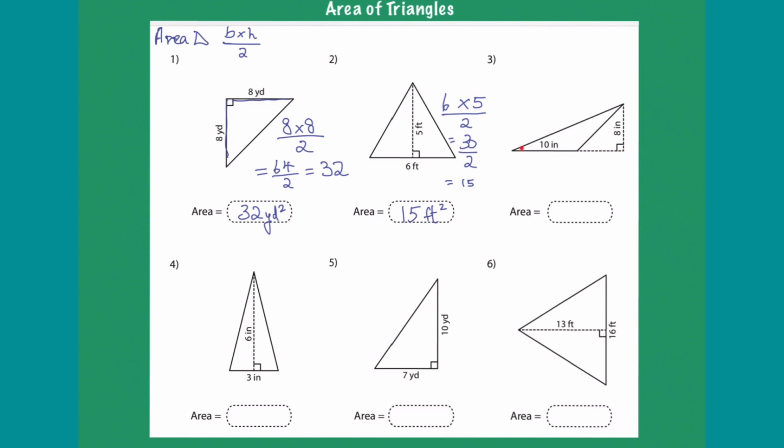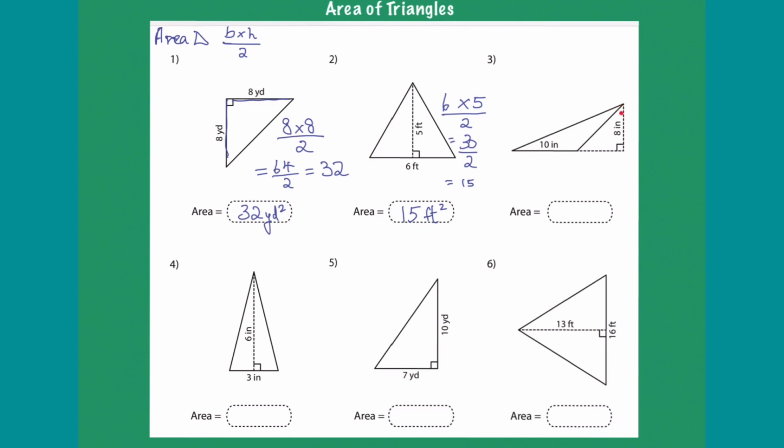All right, so they measure the distance between this parallel line and this line going up here, which forms a right angle. The base is always found across the right angle. This square here is a right angle. So you find the height over here and the base of this triangle.